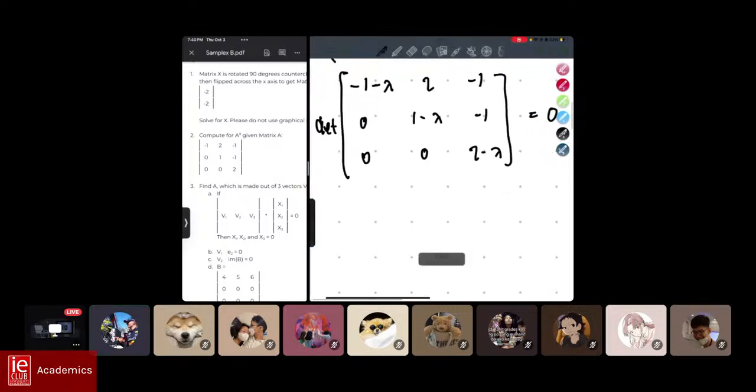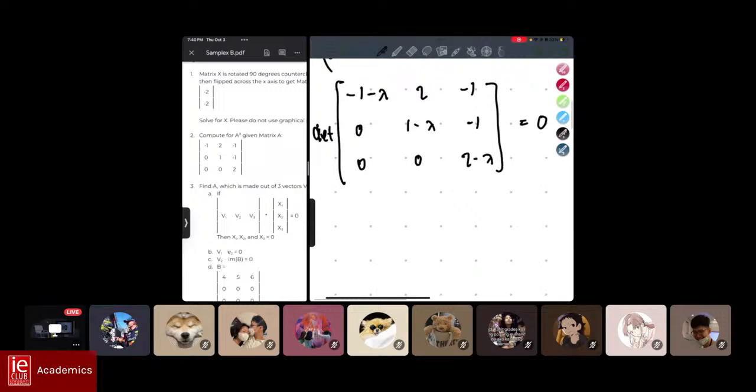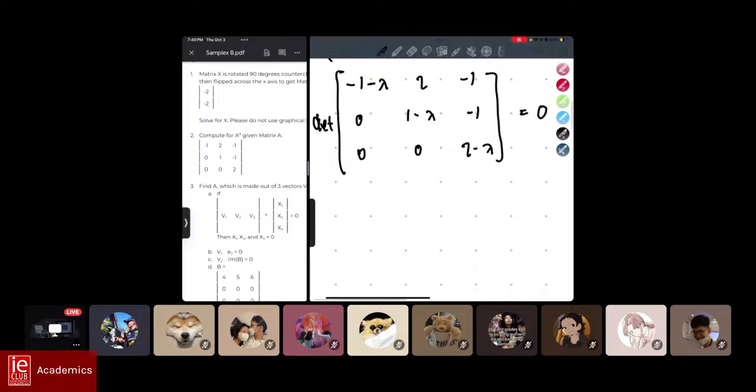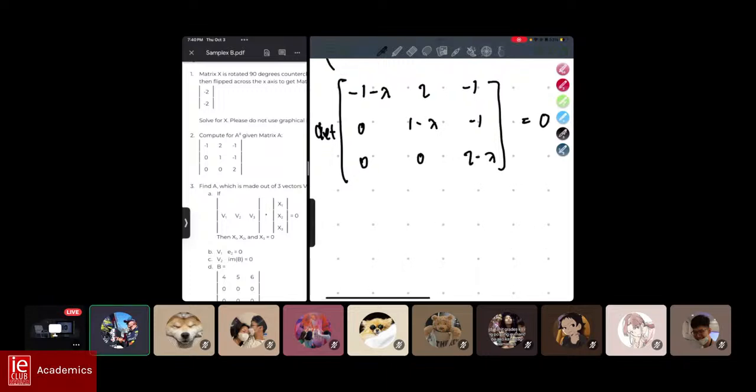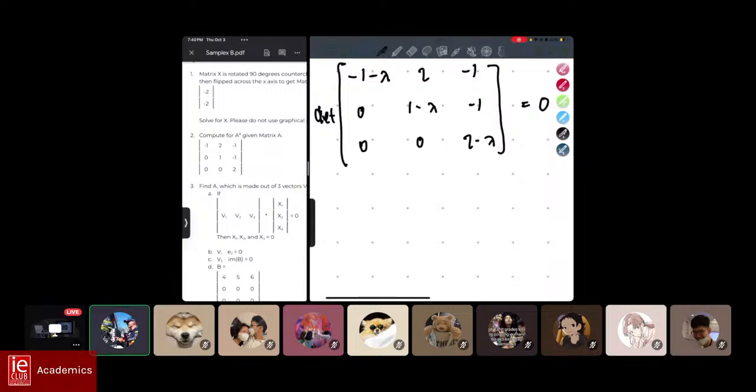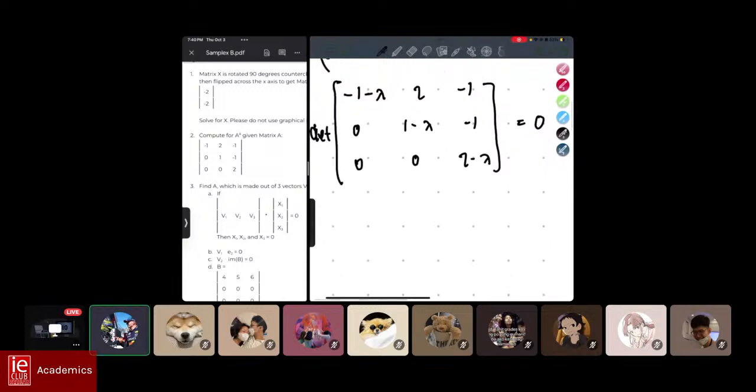So here we're trying to find the determinant. The nice thing about the question given is it actually makes it super easy for us to find, kasi this is, recall from LE1, upper triangular, which means na we can just get the determinant by multiplying along the principal diagonal.